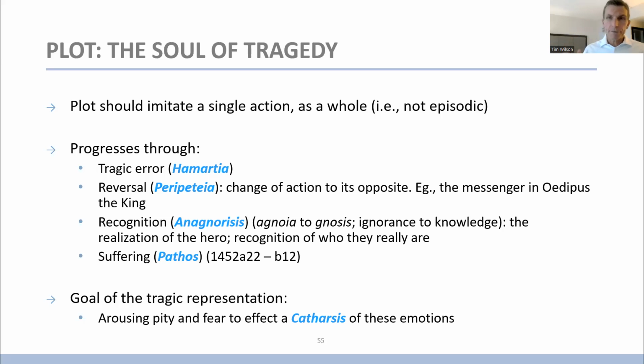Okay, so that's one way of thinking about the catharsis, as a bringing into measure of those emotions through having them directed at this work of art.